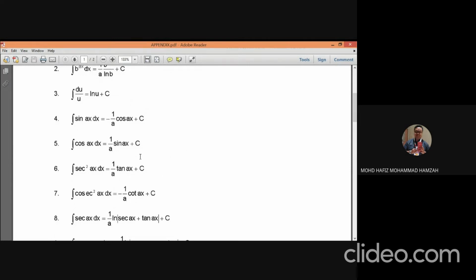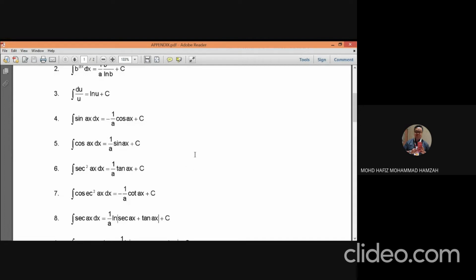Kalau katalah integrate sin x adalah sama dengan negatif 1 over a cos x. Okay, so macam mana nak differentiate dia? Kita tukarkan a tu sama dengan 1. So that means when we differentiate cos x, c ni buang lah.